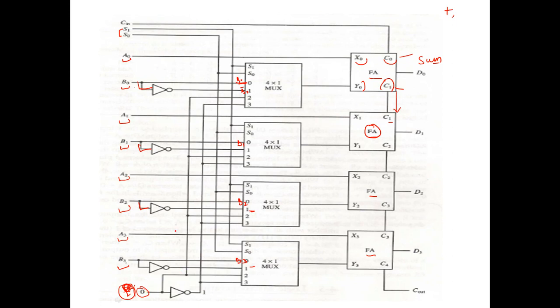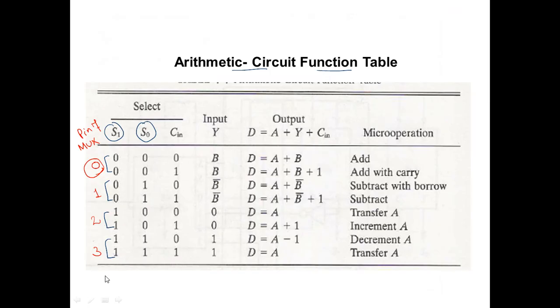So 0 would be attached to the second pin of all the multiplexers, and its complemented value will be 1. So that is attached to the third input value. Ultimately, this entire circuitry is leading me to this kind of result.